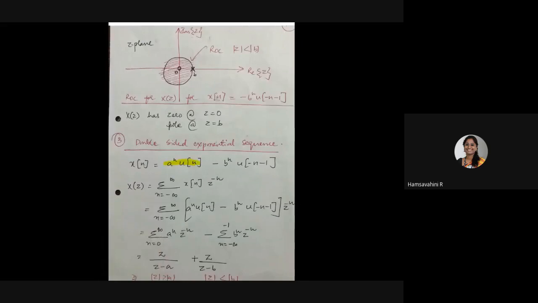The second sequence is minus b to the power n u of minus n minus 1, which we previously discussed. So we know the z transform of this is z by z minus a, and the z transform of this is z by z minus b.